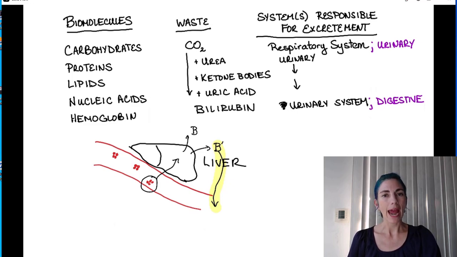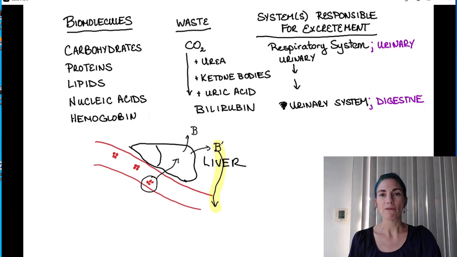Now the other form is going to get dumped down the bile duct. If you remember anything from your anatomy class, you know that the bile duct leads into the duodenum along with pancreatic secretions. So this is all going to go right into your small intestine, where that molecule is going to run all the way down to the large intestine, and then it will become part of your feces.